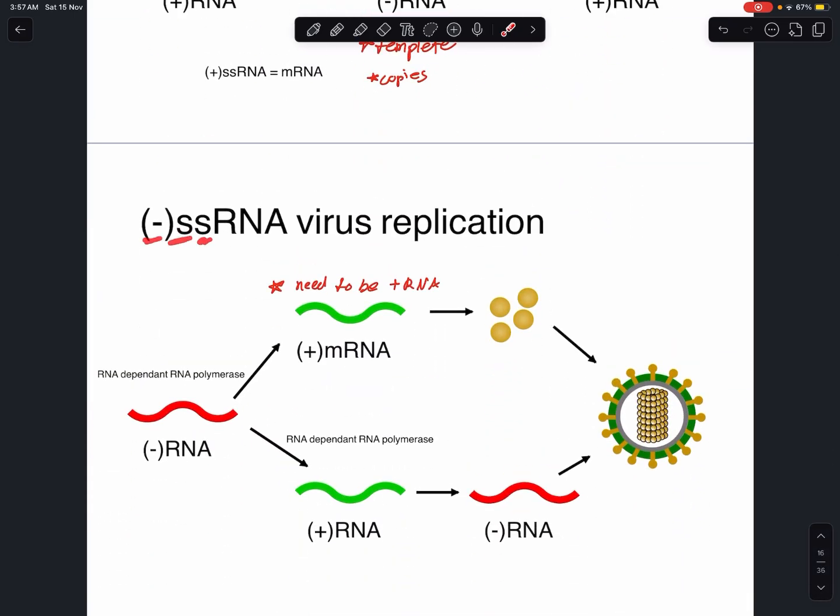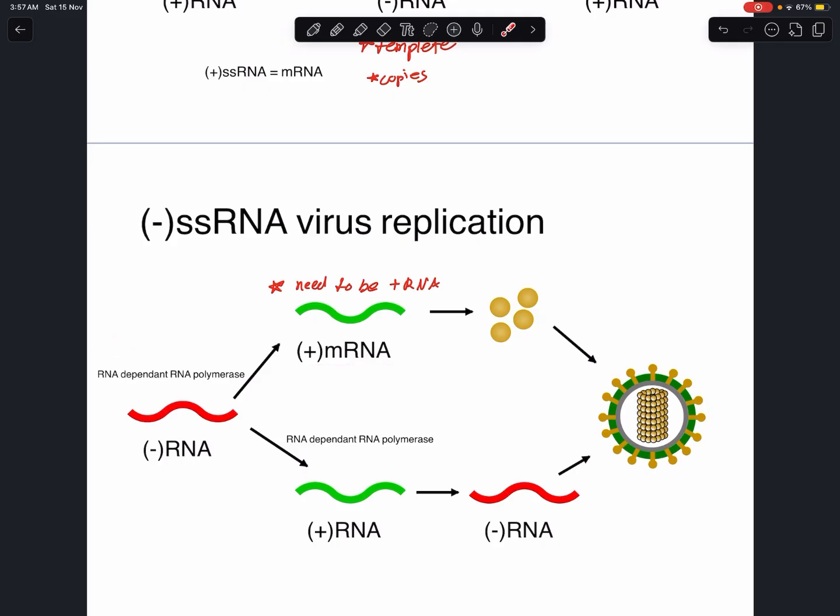Negative single-stranded RNA. Here we should change the negative into a positive. It's not going to be just a positive RNA, it's going to be positive mRNA. RNA dependent RNA polymerase is what should be used to make mRNA.